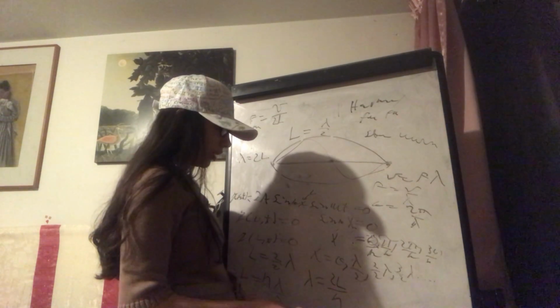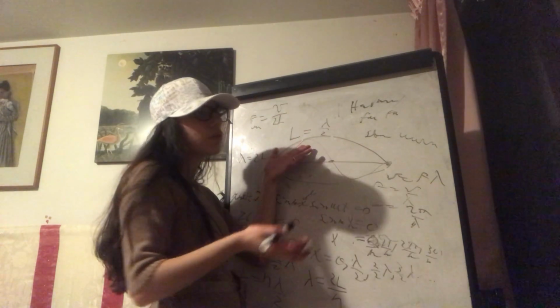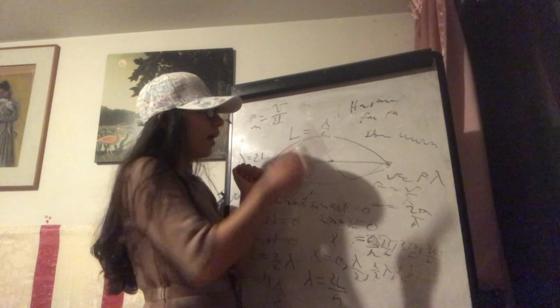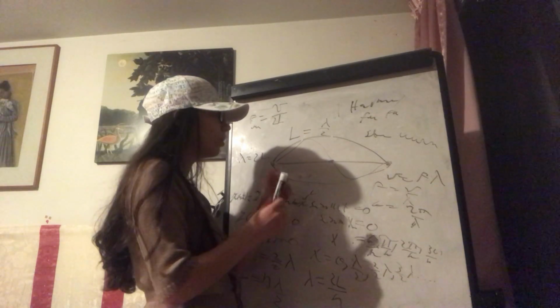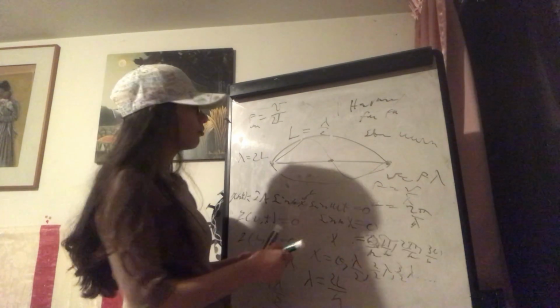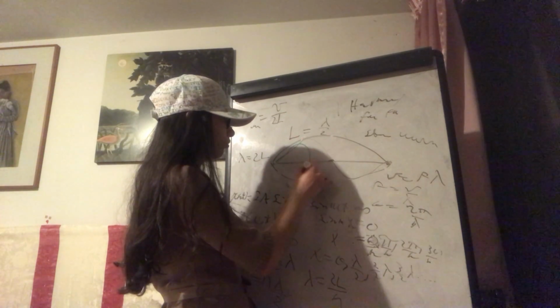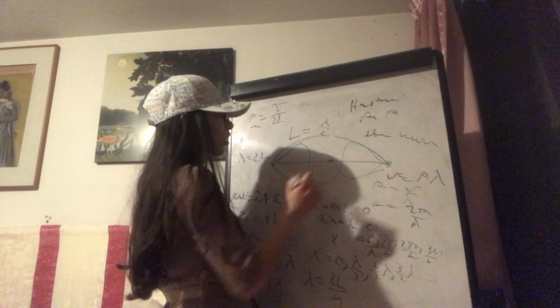So, for example, if I continue to increase the frequency, this again will be destroyed and nothing would happen. If I increase the frequency even more, I would produce something like this.